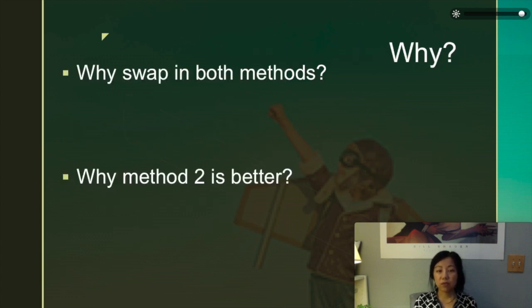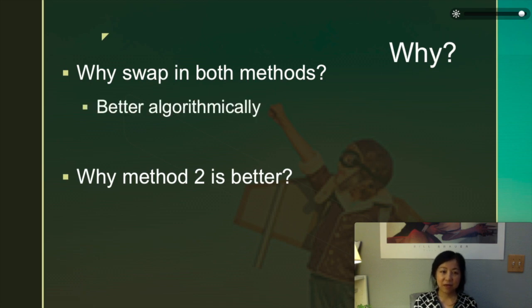So why do we swap in both methods? Algorithmically, it's easier to keep track of the numbers instead of having other numbers to hold them. There's a possibility you can do it that way too, but then you will have more numbers to hold.